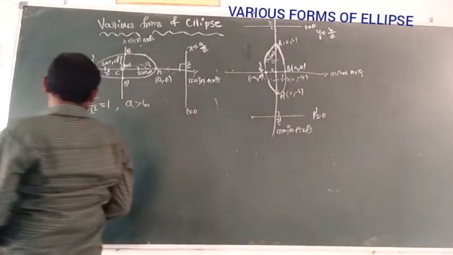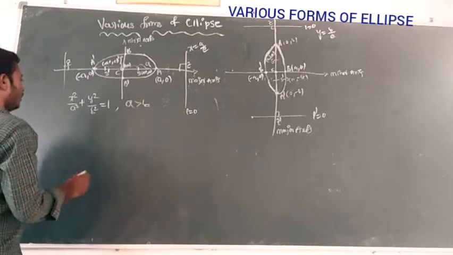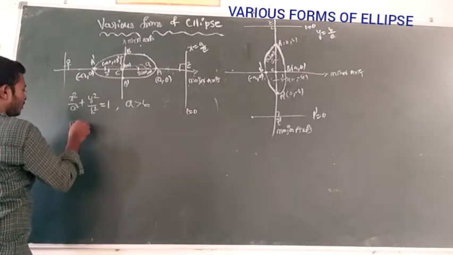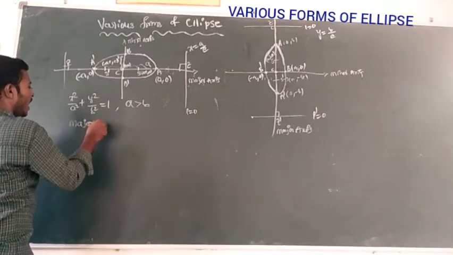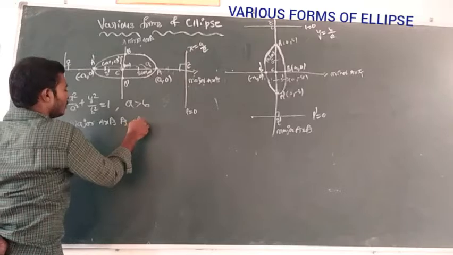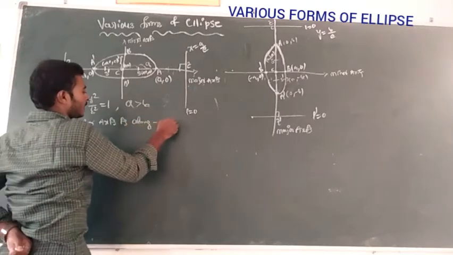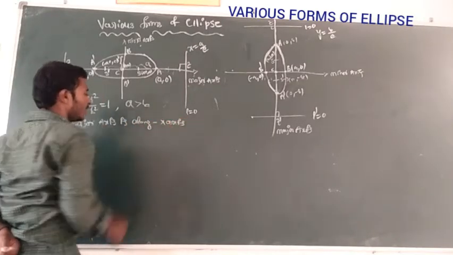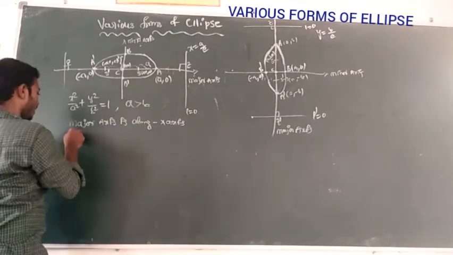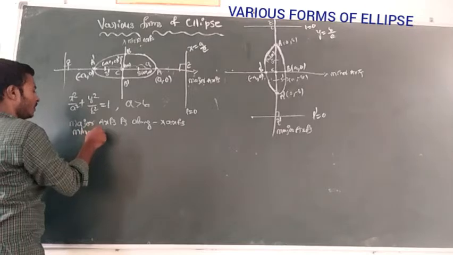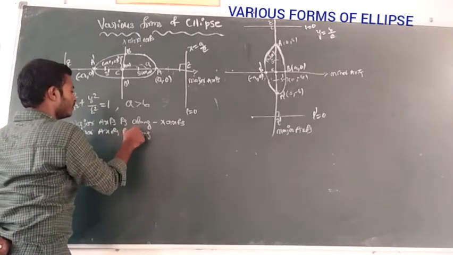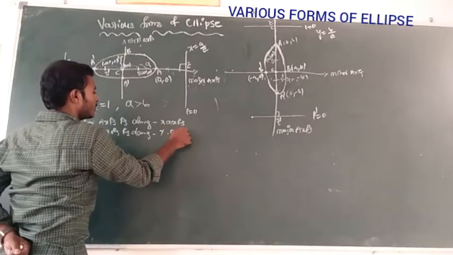Now from these diagrams we can see that the major axis is along the x-axis. The minor axis is along the y-axis.